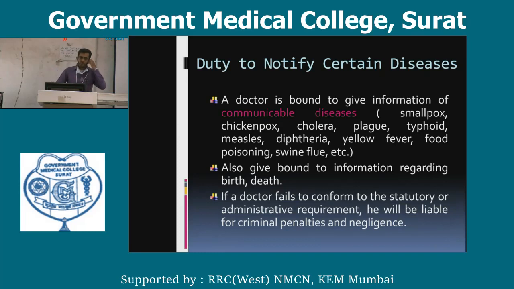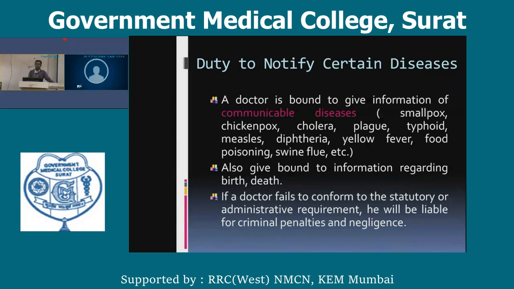By giving information to the health authority, they can apply preventive measures and strict measures to prevent the spread of disease in the community. Also give information regarding births and deaths. If a doctor fails to conform to the statutory or administrative requirements, he will be liable for criminal penalty as well as negligence.